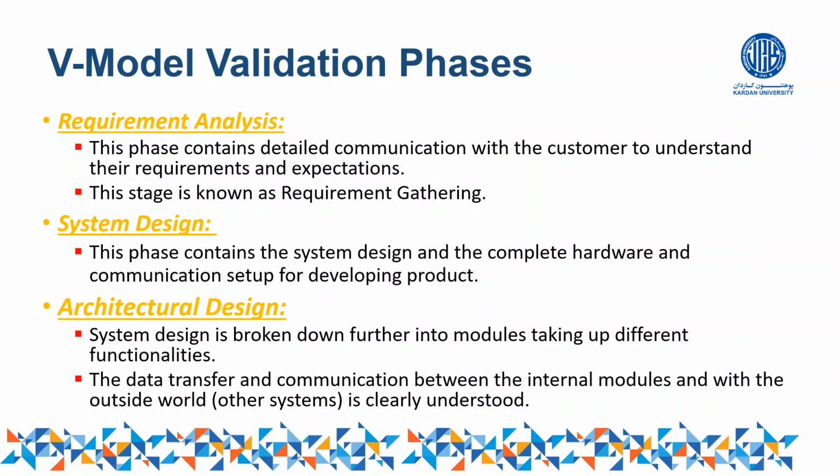Now, as I told you when we were discussing the waterfall model, the requirement analysis is done just for collecting the requirements of the system, and then they are analyzed. This stage is known as requirement gathering. So we also call it requirement gathering, because first we have to collect requirements, then they would be analyzed, then a specification document would be produced, and at the same time the acceptance test design document will also be produced in this phase.